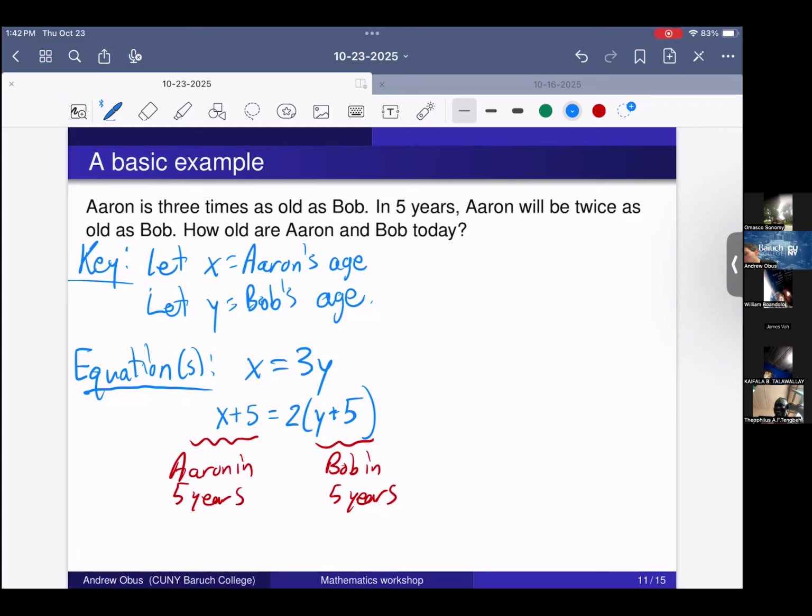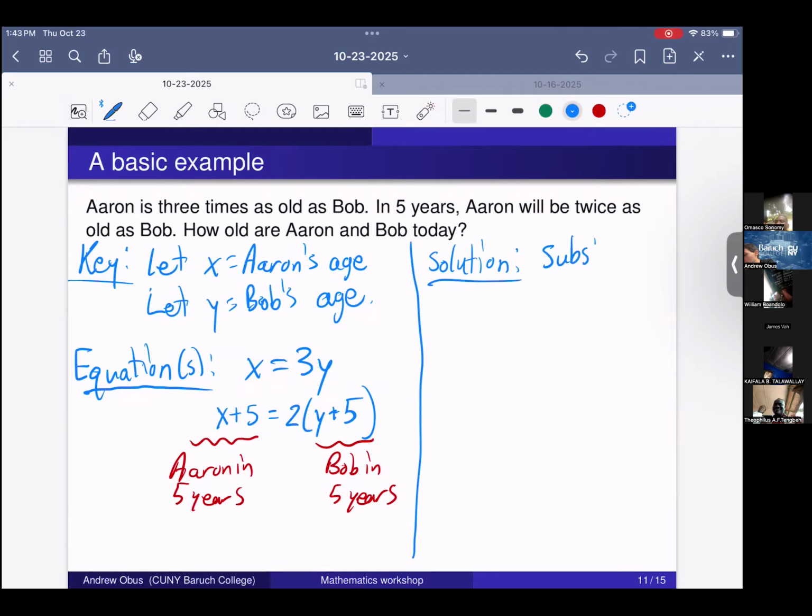Okay. So let's do the solutions. So what's my solution here? Well, we have two equations and two variables. There's different ways of solving this, but since you have x equals 3y, I like to just do a substitution, right? If x is equal to 3y, I can substitute the first equation into the second equation.